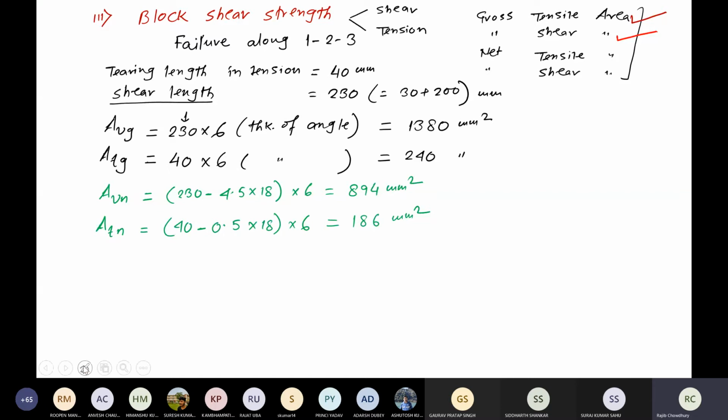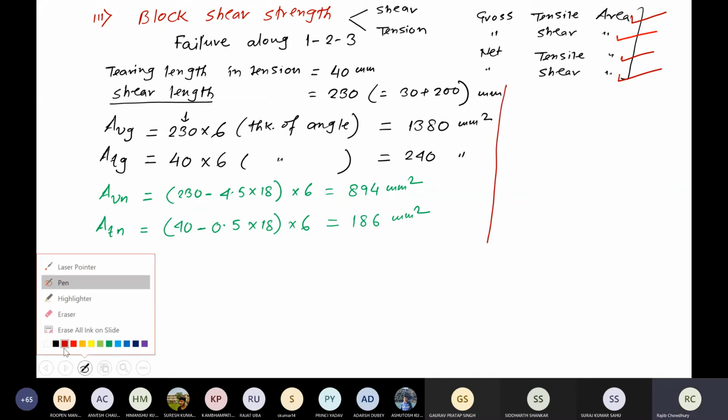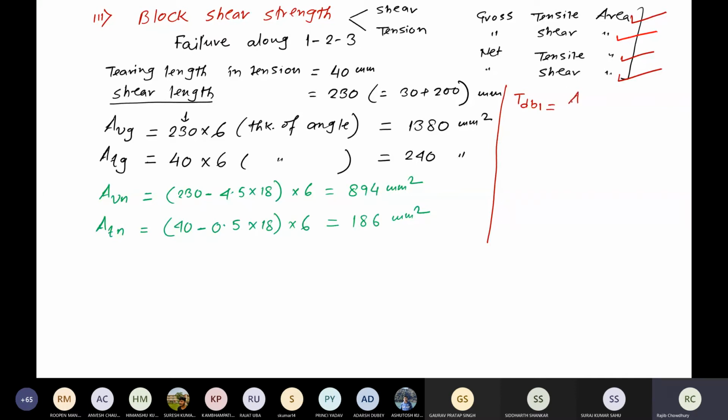So finally we have reached the net tensile area calculation and net shear area calculation. Now what else? Now we have to find it out utilizing those two formulas, Tdb1 and Tdb2. The lowest of these two values would give you the strength due to block shear. So what is the formula? Let me write the formula first.